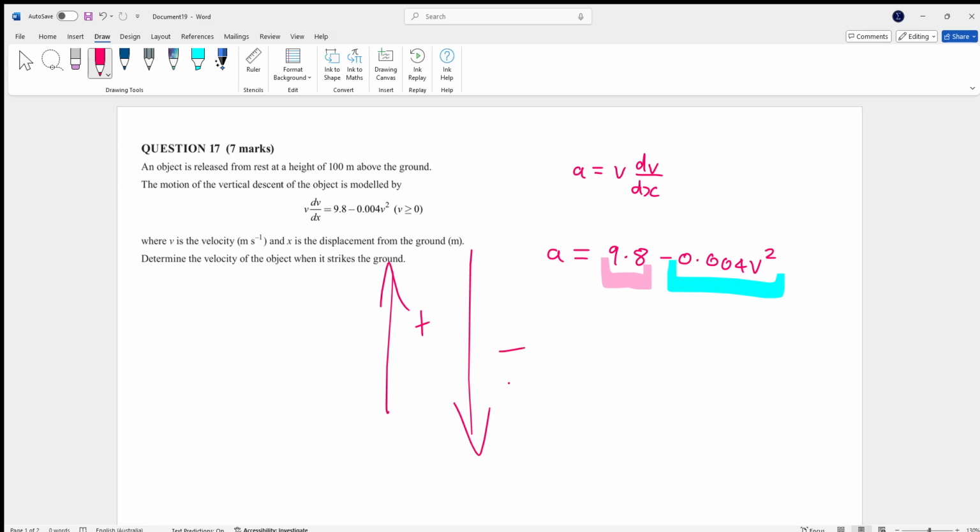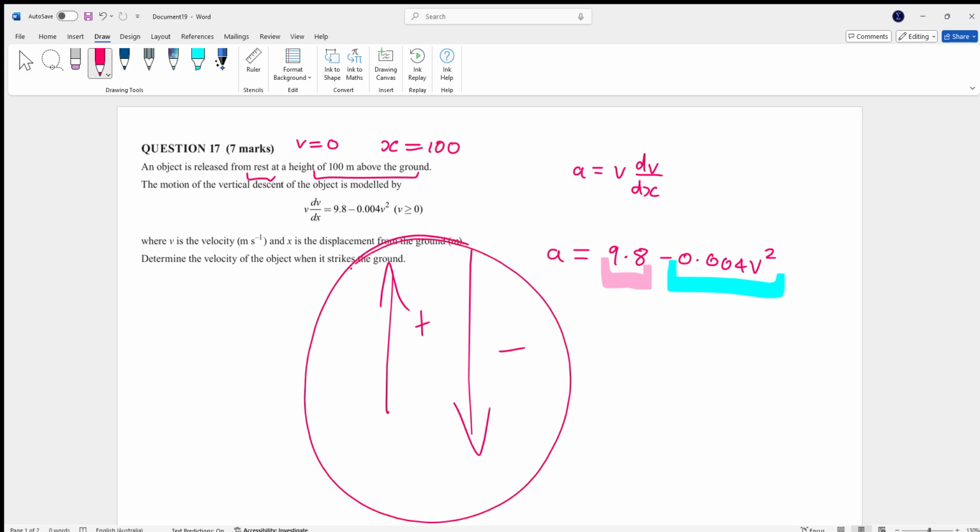Now, the reason why that's important is to do with this information here. They said an object is released from rest at a height of 100 meters off the ground. Rest means the velocity is equal to 0. The height is x equals 100. Now, if you put x equals 100, that will run into some issues later on in the question because of the way they've defined acceleration. If they defined upward as positive, but downward as negative, that means x equals 100 will not work.